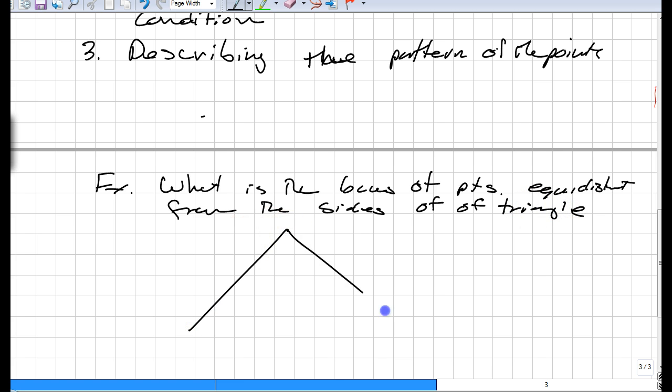Well, if we have a triangle, we know that the angle bisectors are equidistant from the sides of each angle.